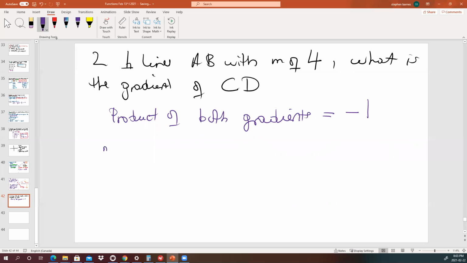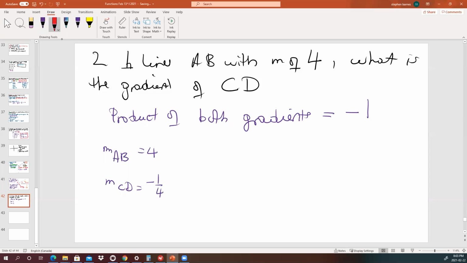We got the gradient, M, of AB. We said that that was 4, right? And we got the gradient of CD to be negative a quarter, and that's because they are perpendicular. So let us see if when we multiply them together, we get negative 1.